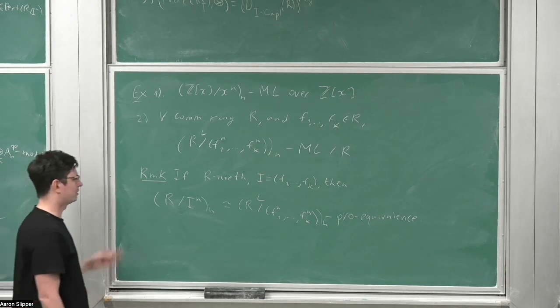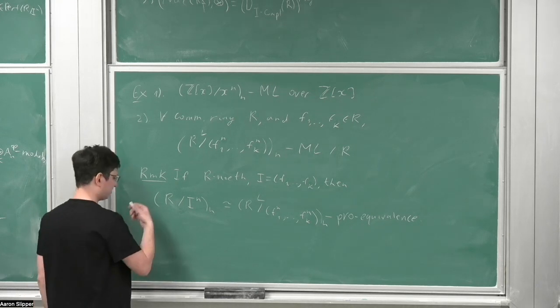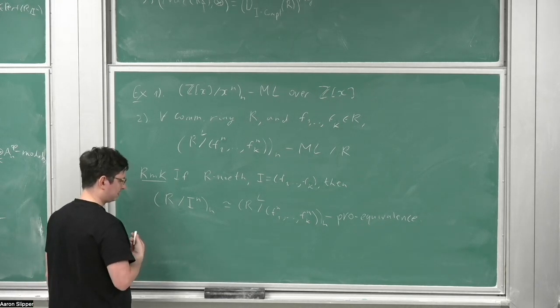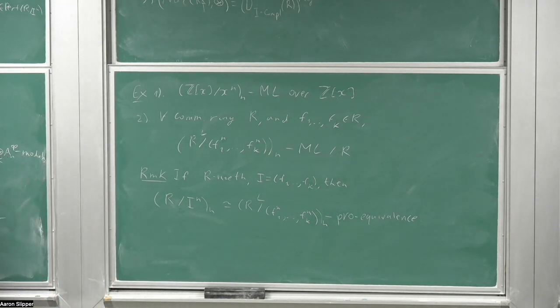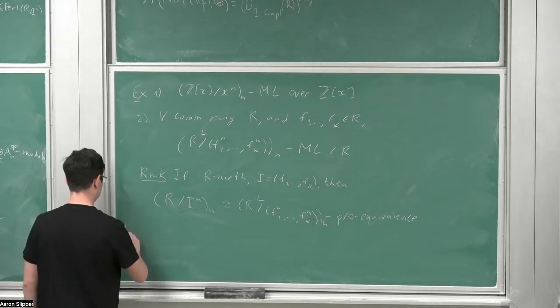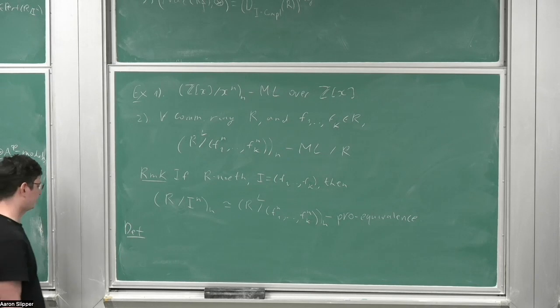Okay, and this was the definition for rings, but let's formulate the categorical version for dualizable categories, which is just a straightforward generalization. Essentially the same concept.